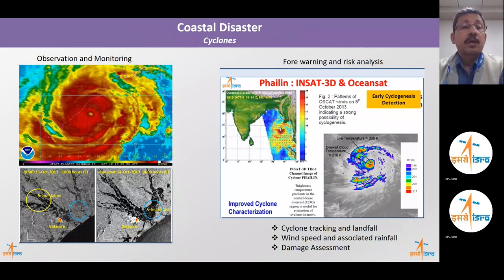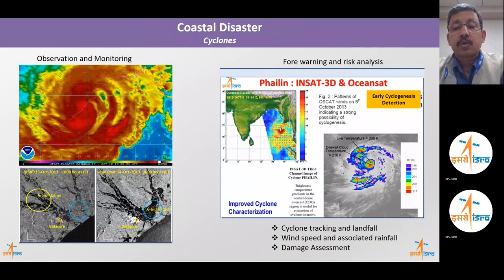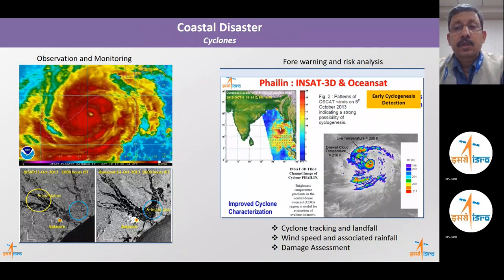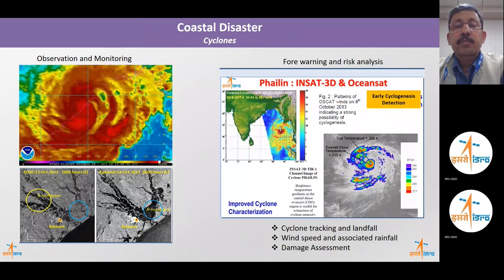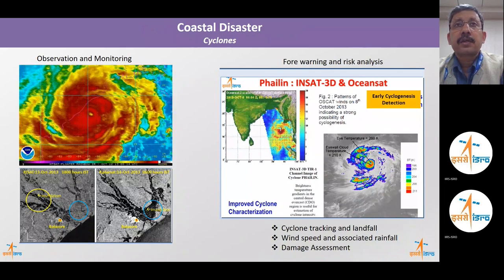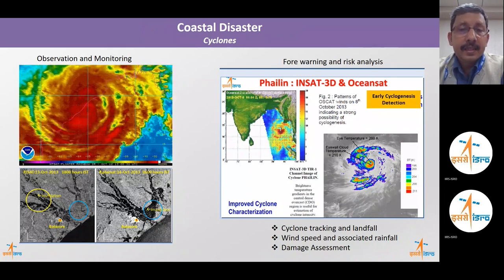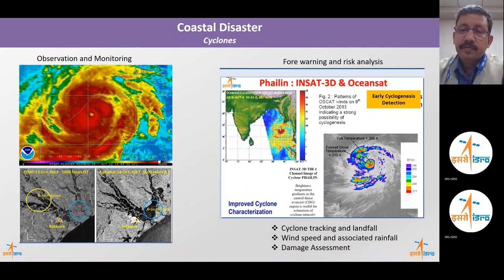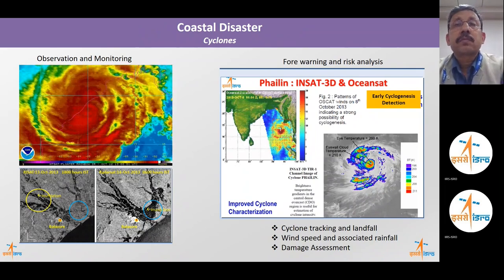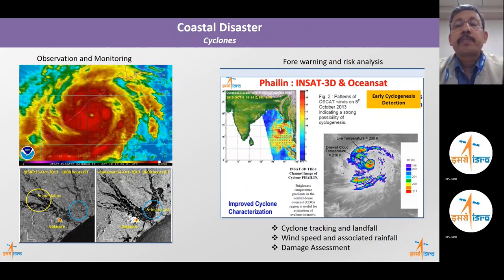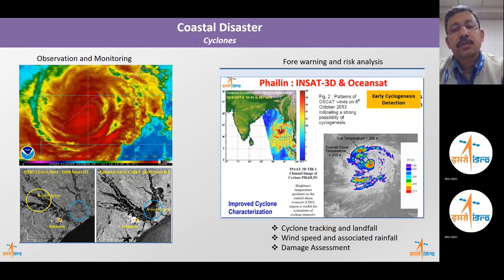In fact, Cyclone Phailin was more intense than the Odisha super cyclone. But in this event, the number of people who lost their lives was in single digits. And this was because of the effective early warning system and the preparedness of the government of Odisha for this particular event.